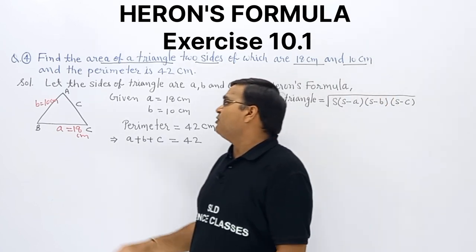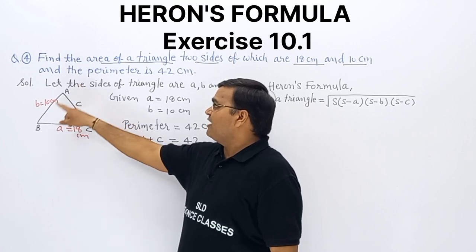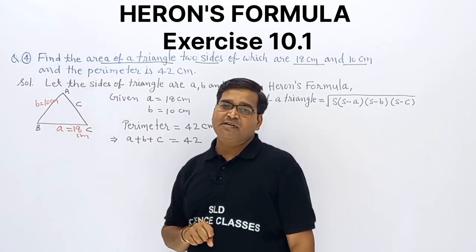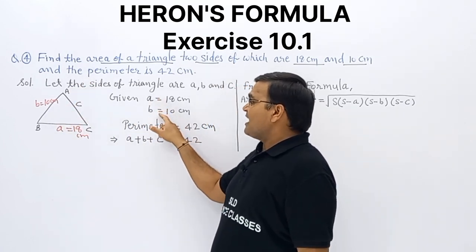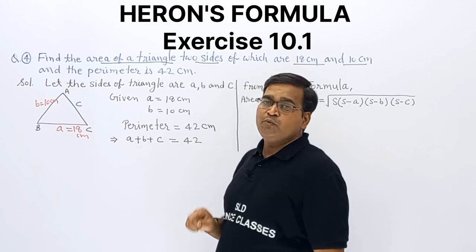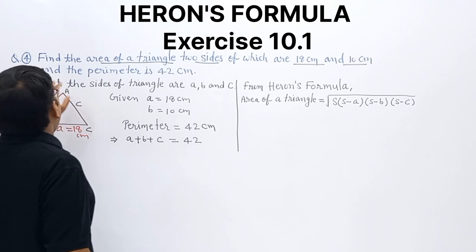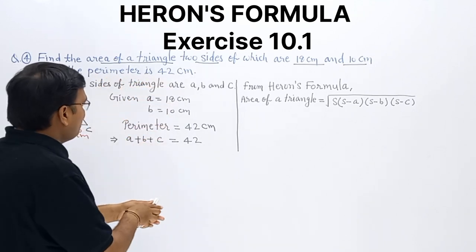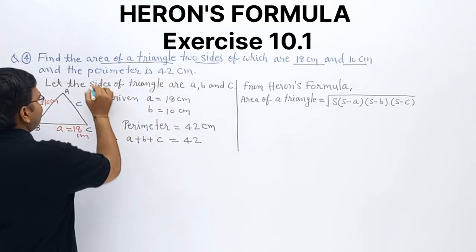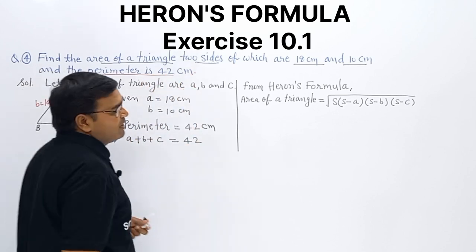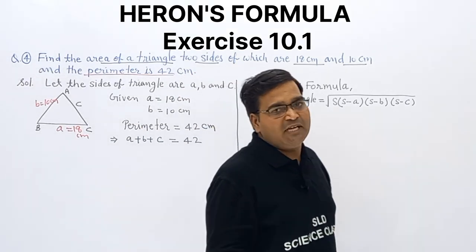So how will we solve these types of questions? We assumed A, B, C are three sides of a triangle. Two sides we are having. Then one more thing is given in the question: the perimeter. What is the meaning of perimeter?